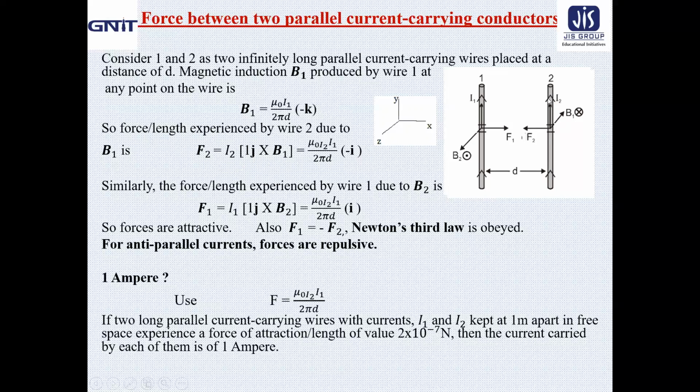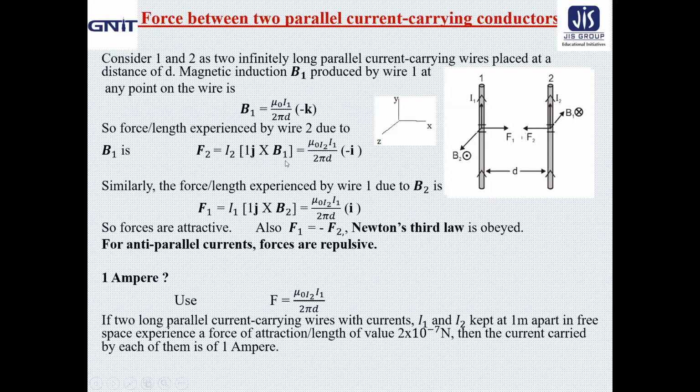In which direction is the current flowing? It is flowing along the direction of y. So what about the unit vector along that direction? That is j cap. So we are considering I2, L, 1 j cross B1, which is produced here.